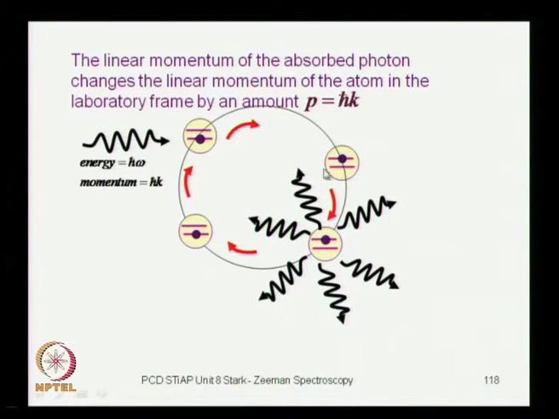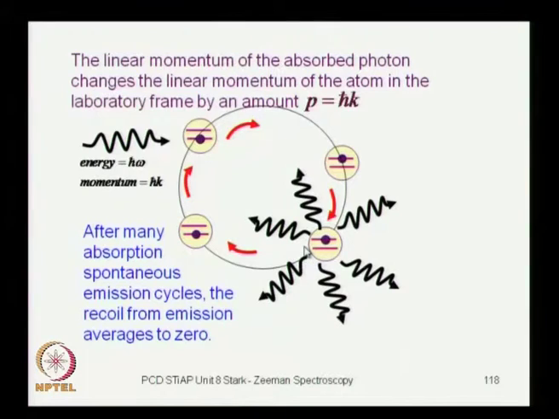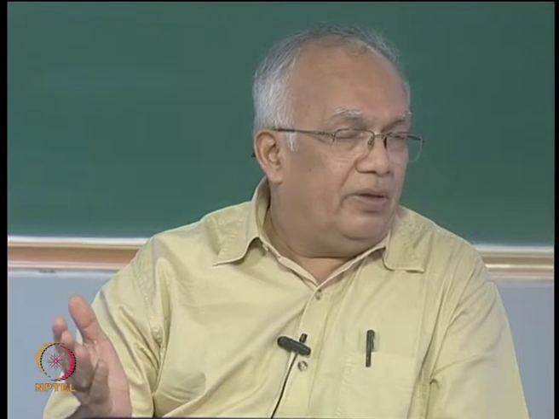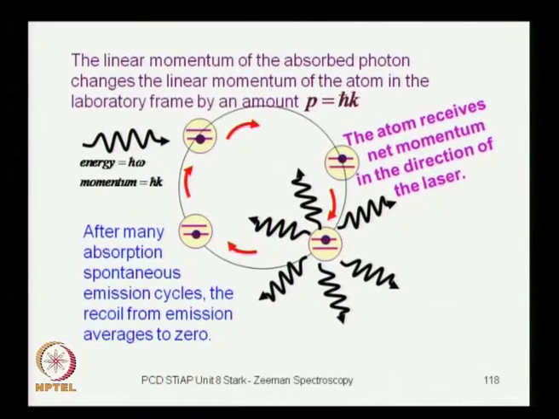Now, this is where all of these different directions come into play, and what is the net average of all of this? When it goes through a number of cycles, whatever kick it gets because of the recoil from the spontaneous emission of a photon gets averaged to 0, and the result is that it ends up getting a net extra momentum in the direction of the laser light, which is the original direction.